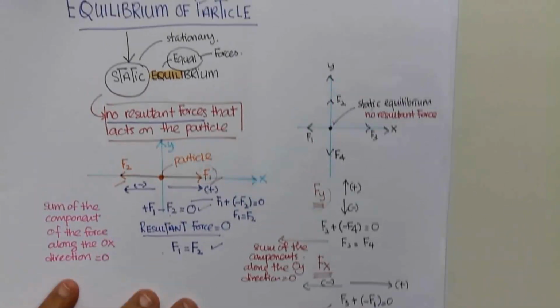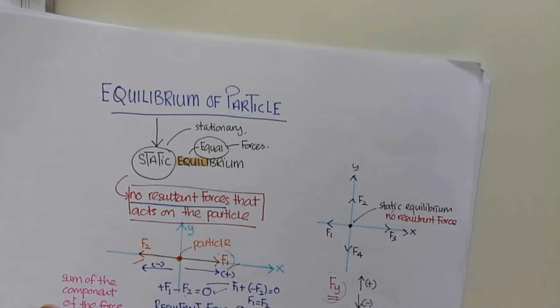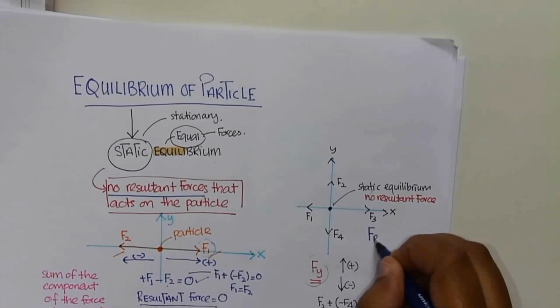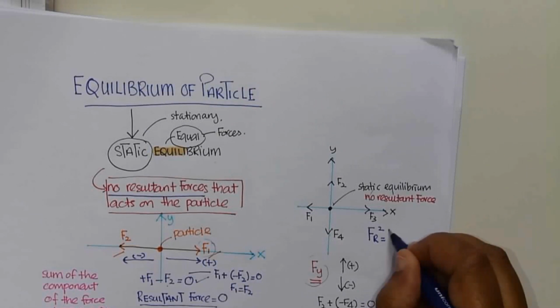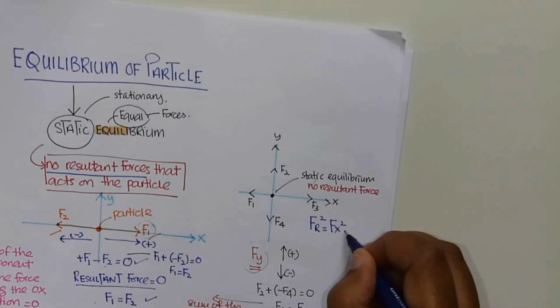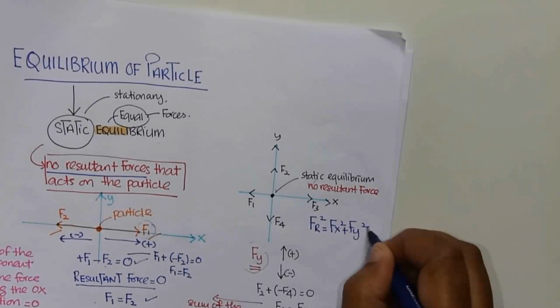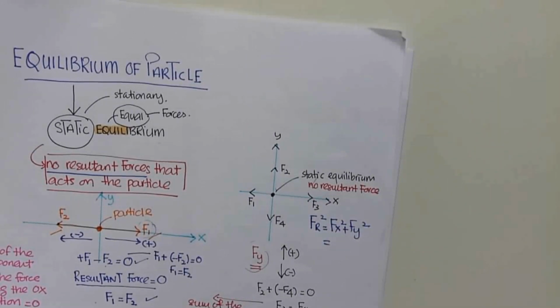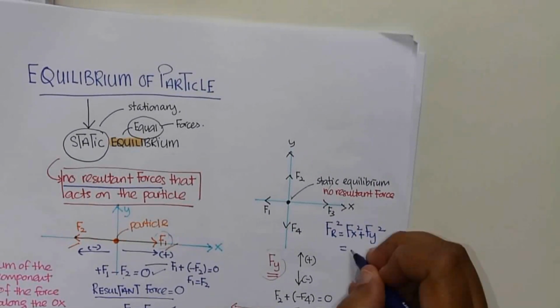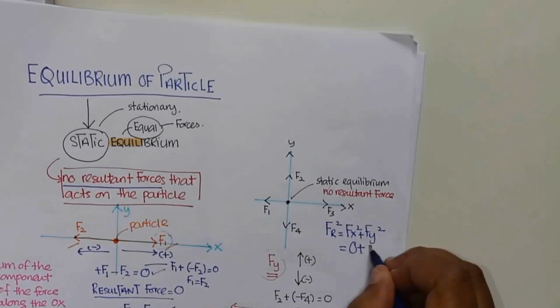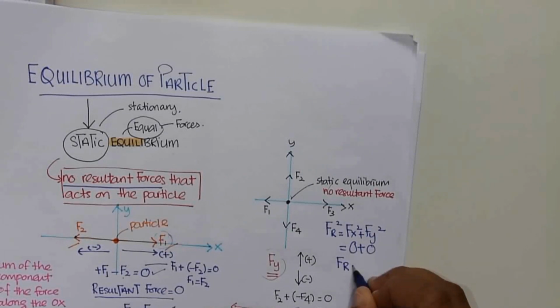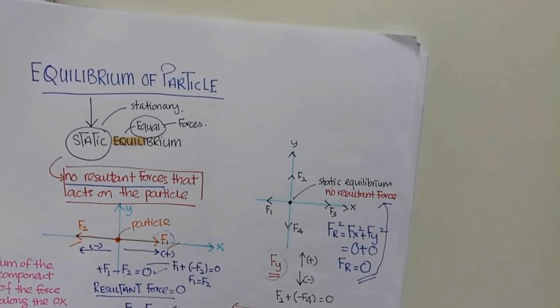So if we solve this kind of question, we know that the resultant force Fr squared equals Fx squared plus Fy squared. So when Fx is 0 and Fy is 0, the resultant force is equal to 0. Okay, so that means no resultant force. Okay class, that's it.